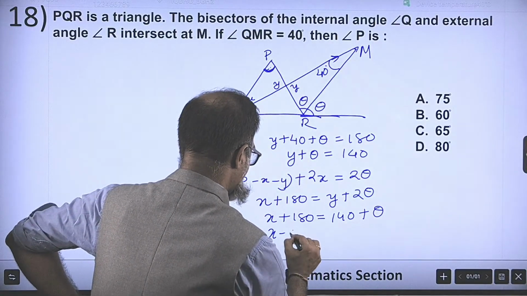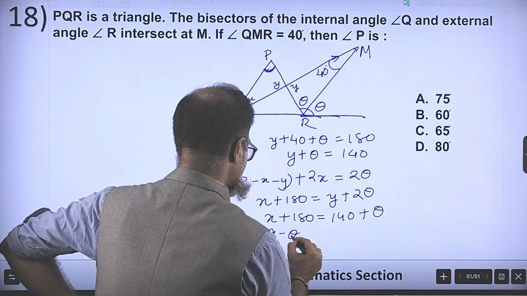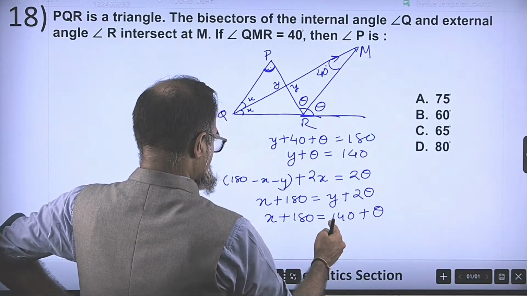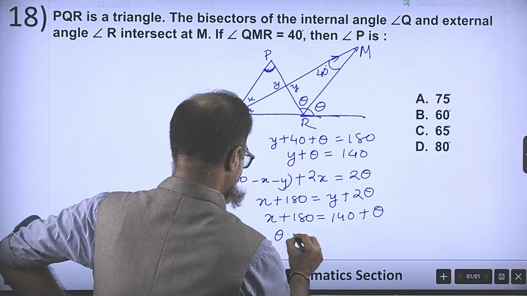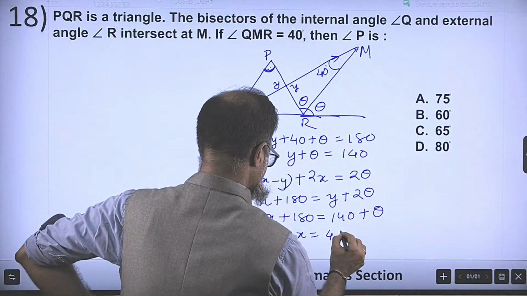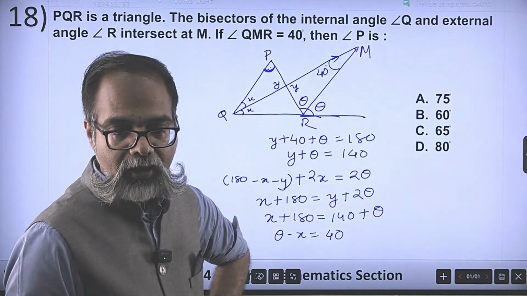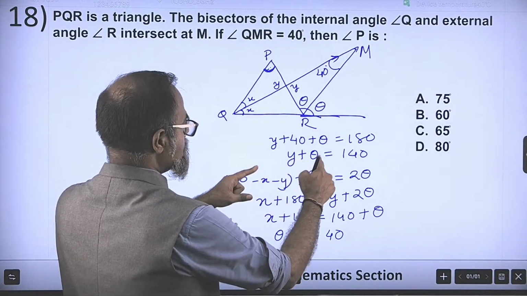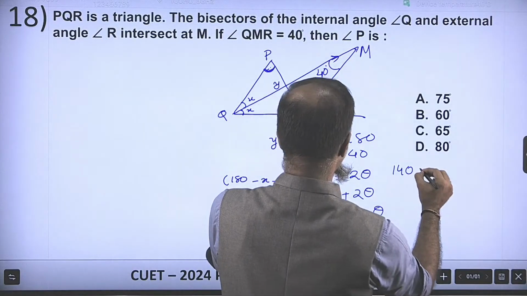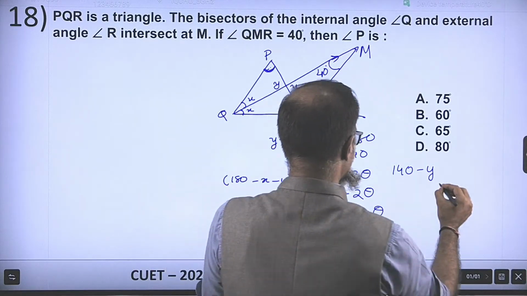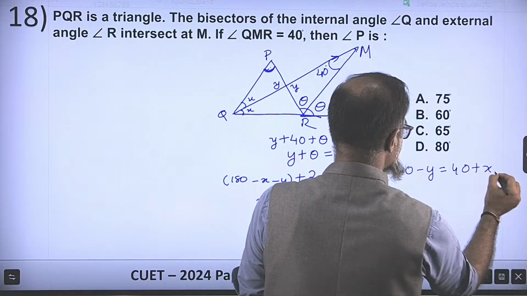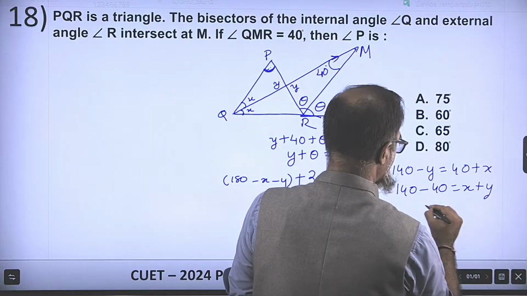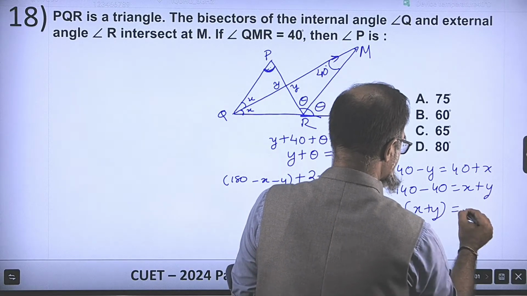So theta minus x, let's take it as theta minus x. So theta minus x can be taken as 40. Okay. Now I can compare the thetas. Great. So theta is 140 minus y and theta is 40 plus x. So 140 minus 40 is x plus y. So x plus y is 100.